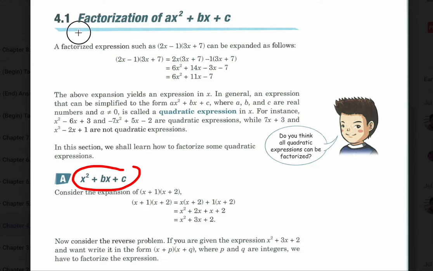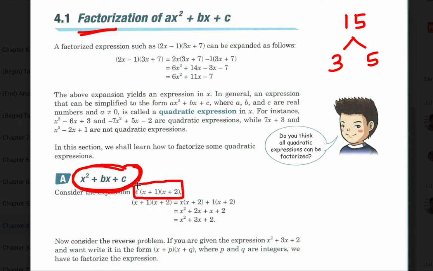So first of all, to review, factoring is when, just like with a normal number like 15 per se, you're going to break down that number into its factors or its smaller pieces. So with today's lesson, when we are factoring quadratic expressions like x squared plus bx plus c in that format, we're going to break them down into the two binomials that would multiply by each other to get to that expression.